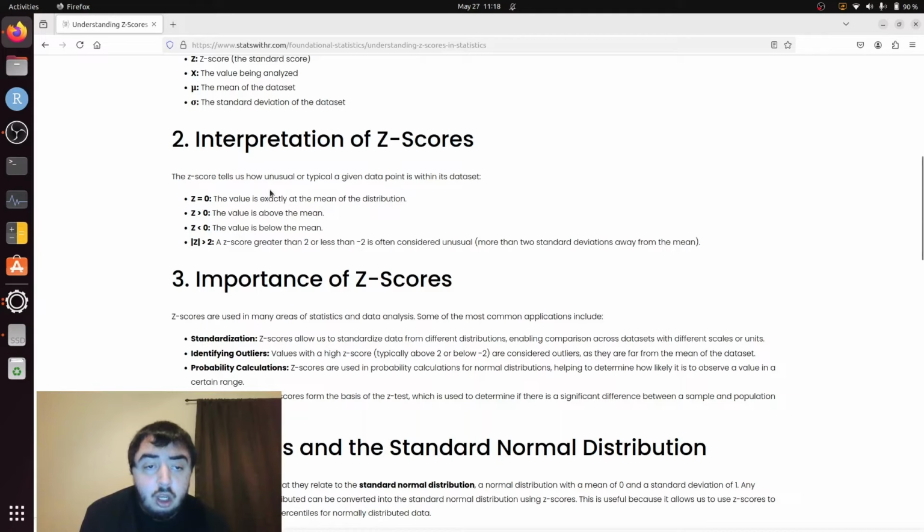So when the Z-score equals 0, the value is at the mean of the distribution. When it's greater than 0, it's above the mean. When it's less than 0, it's below the mean. And a Z-score greater than 2 or less than -2 is often considered unusual.